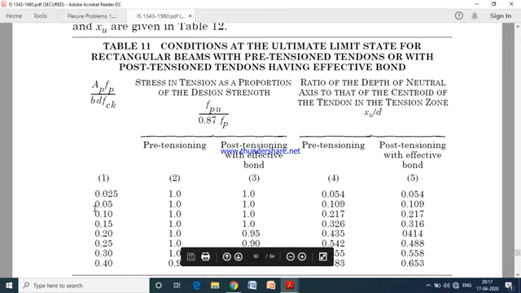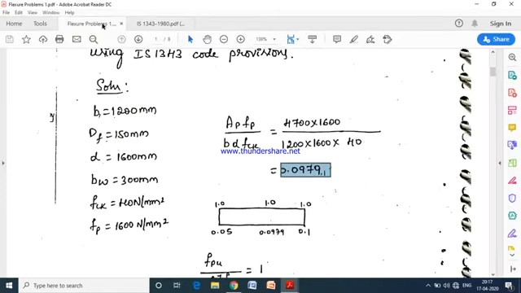So here you can observe for 0.05 you have 1.0, and for 0.1 you have 1.0 again. So your value is 0.09. It lies between these two values. So for both you have 1. So by interpolation also you will get 1 only.